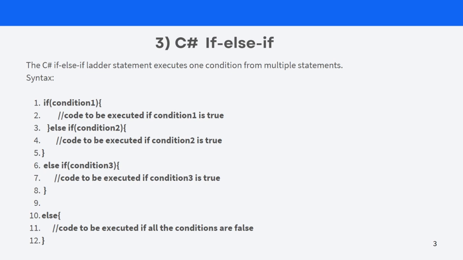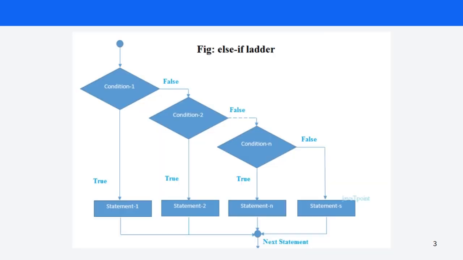And if condition 2 is true, then the code to be executed for condition 2 will be executed. Likewise, it will move further and check all the conditions until any condition is proved true. And if all the conditions are false, then the else block will be executed. You can see here how this all works with the flow diagram.